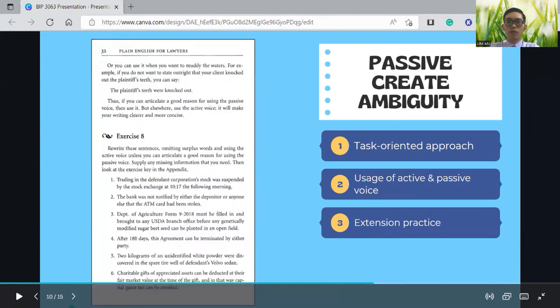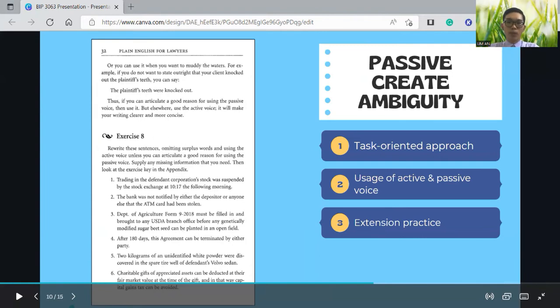The author exemplified by stating that one could fight an issue using truncated passive, which hides the identity of the actor. For instance, the plaintiff's teeth were knocked out. This could eventually affect the court's decision on whether the defendant is found guilty or otherwise.